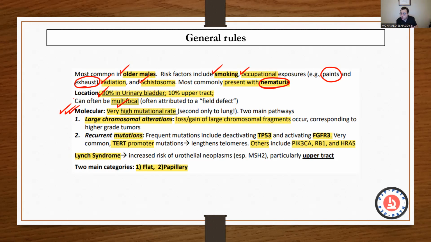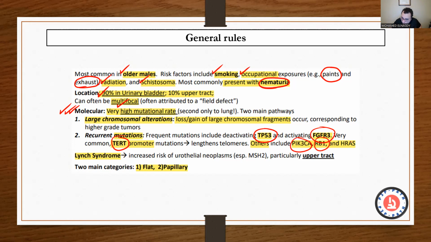Any oncogene that you encounter in the pathology curriculum for the boards, you might hit it. Like TP53, FGFR3, TERT promoter, PIK3CA, which we always say is PCA, RB, RAS. Any oncogene that you imagine is always there in bladder cancer.